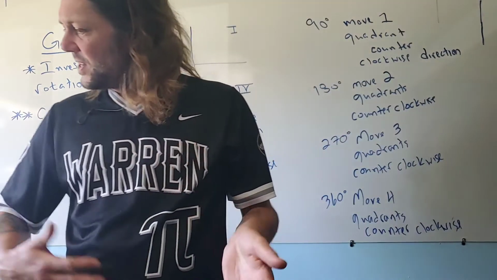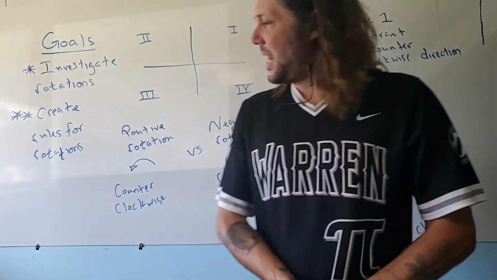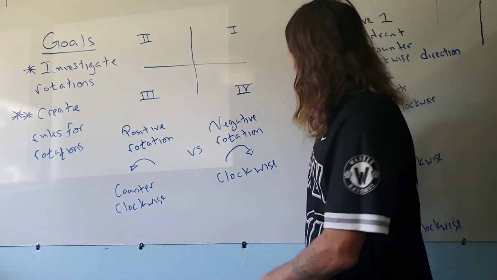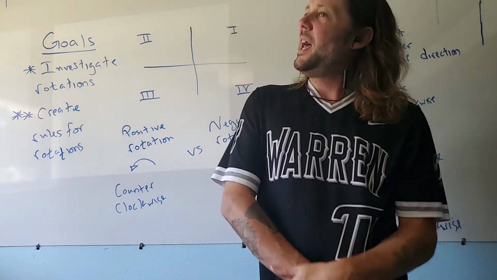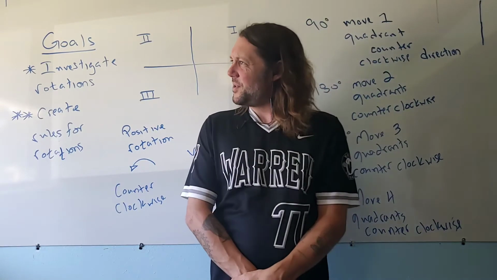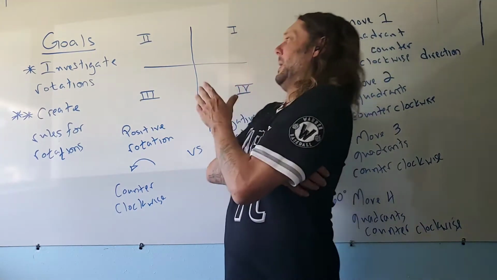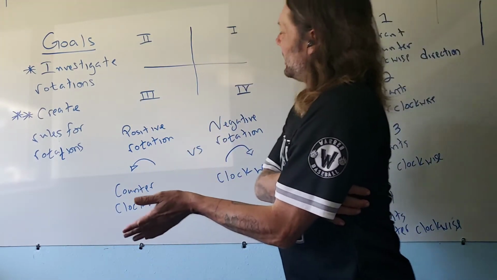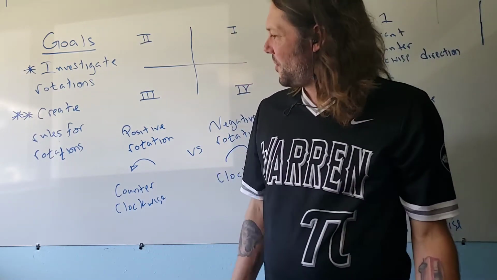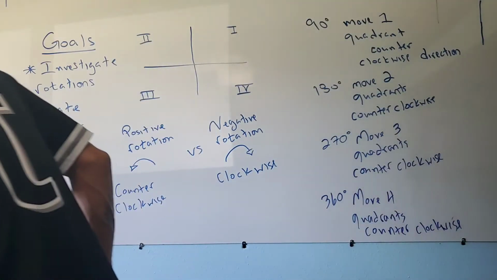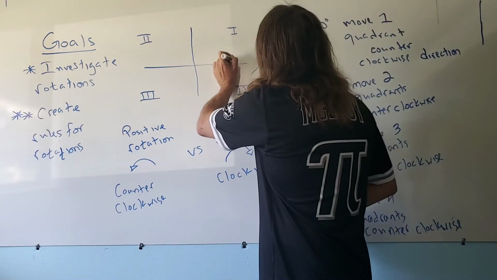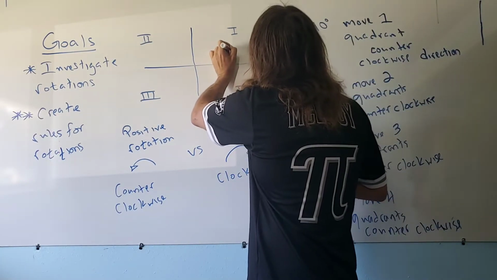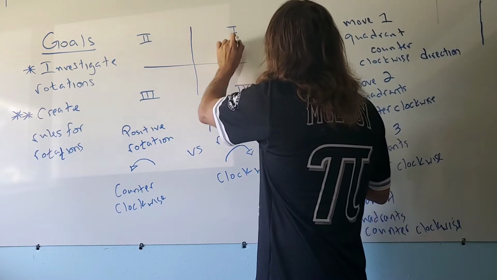So in this lesson, you're going to be asked to take a shape from one quadrant and then rotate it a certain amount. And I'm going to try and simplify this as much as possible. Now, let's just start off with a point X. And just for simplicity, I'm going to put X in the first quadrant.